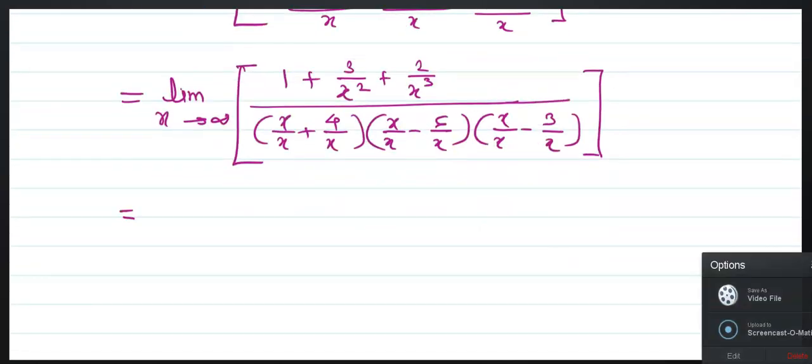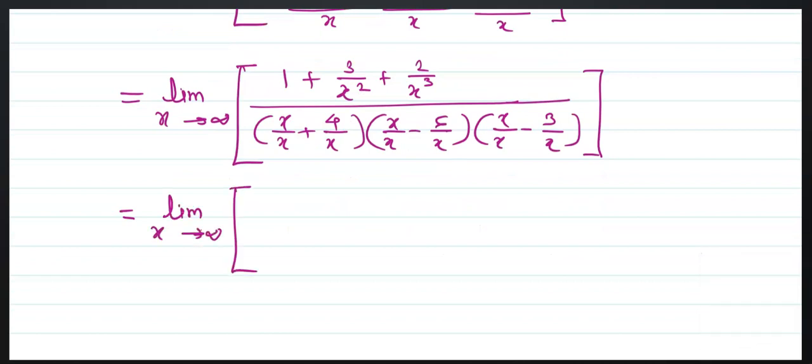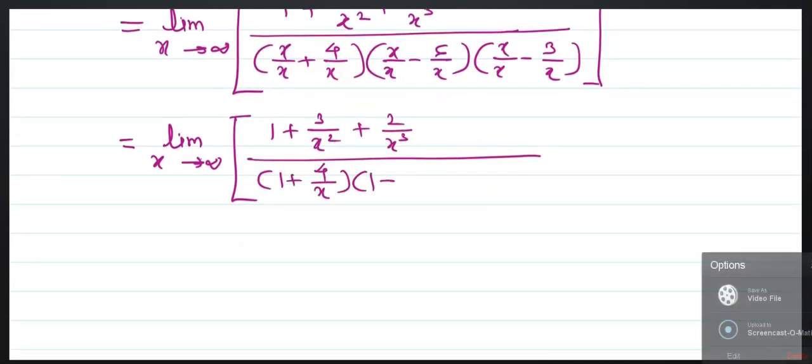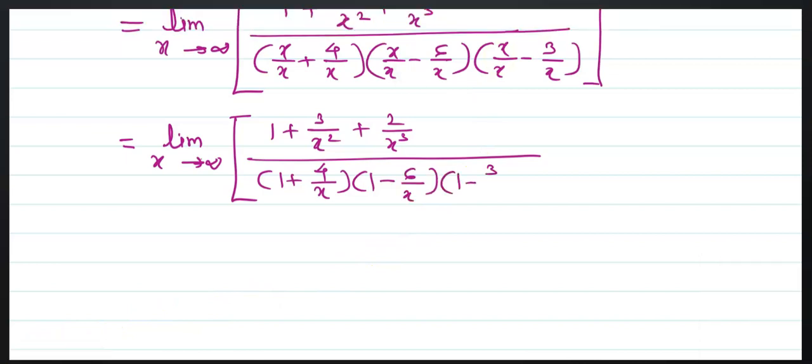Therefore, after their division, the limit as x tends to infinity of 1 plus 3 upon x square plus 2 upon x cube, over 1 plus 4 upon x, where x gets cancelled here. Again here 1 minus 6 upon x, and last is 1 minus 3 upon x. The brackets are completed.